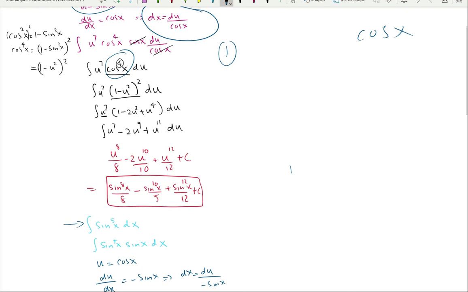Okay, and then after that you will have an integral just in terms of u. Well, from there you have to use basic integration rules and algebraic tricks and everything. All right, so that's it for trigonometric integral problems involving sine and cosine.